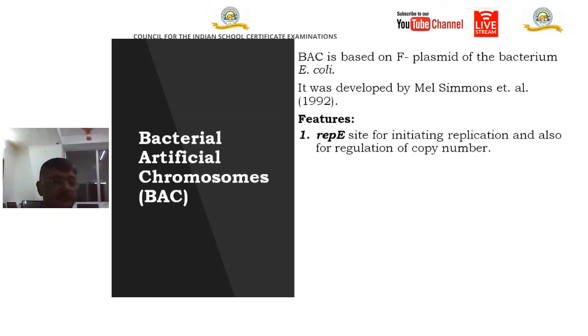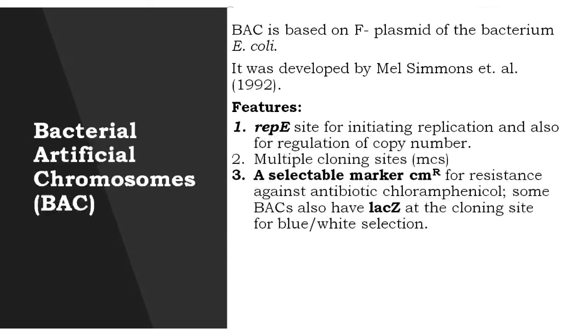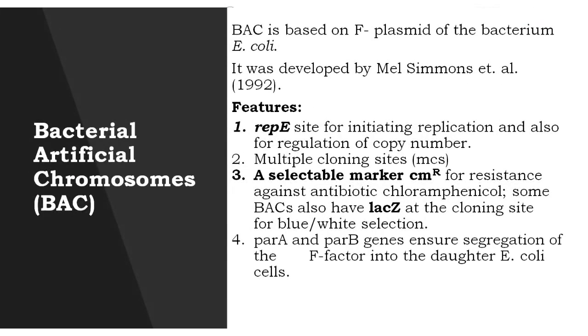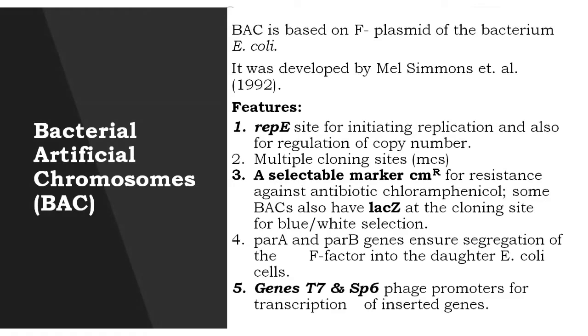Features you can see: it has the replication site, multiple cloning sites, selectable markers, and this is a unique feature, parA and parB. This is not compulsory that you find in all of them, so this is unique to BAC. But these essential features are always required in a vector. Here also these are present.